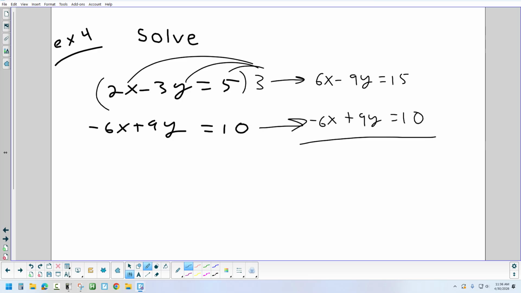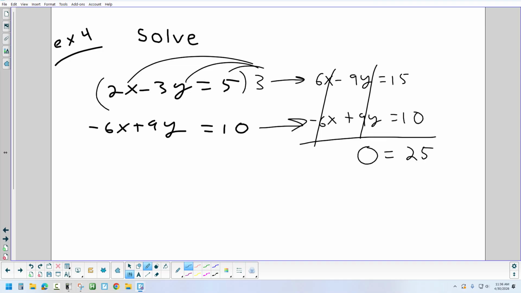What's 6x and -6x? That's gone. These cancel. How about -9y plus 9y? That also cancels. So what do we have on the left? 0. And what do we have on the right? 25.